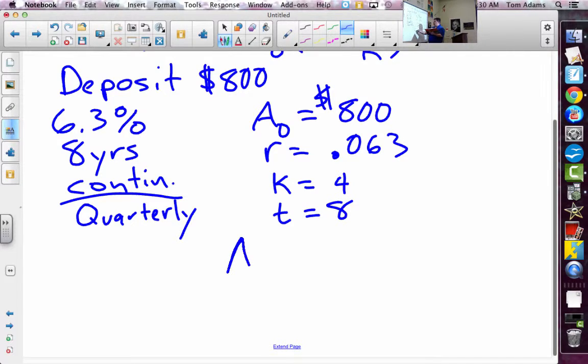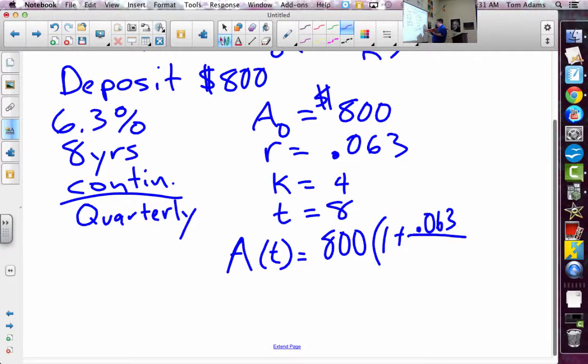So now if I want to figure out what that amount is as a function of time, I'm going to say 800 times 1 plus the rate, which is 0.063, all over 4, because we do that 4 times a year, and then raise it to 4 times 8, because you're actually compounding the interest 32 times: 4 times a year for 8 years.